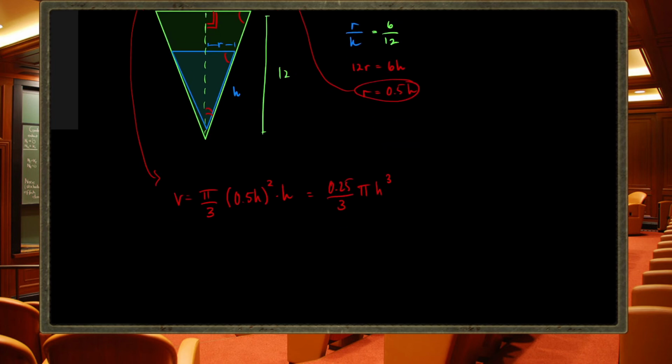All right, so V is 0.25 pi over 3 h cubed. You could take this to a decimal, but let's not worry about that right now.